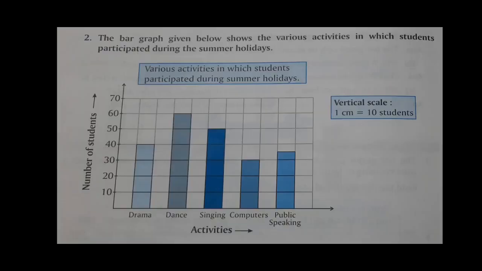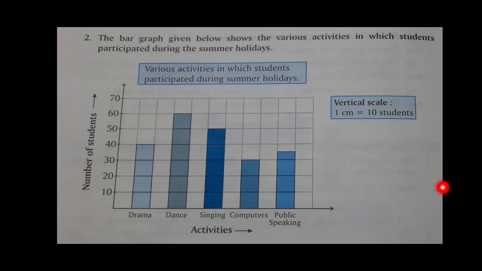Second question. The bar graph given below shows the various activities in which students participated during the summer holidays. Title of the bar graph is Various activities in which students participated during summer holidays.